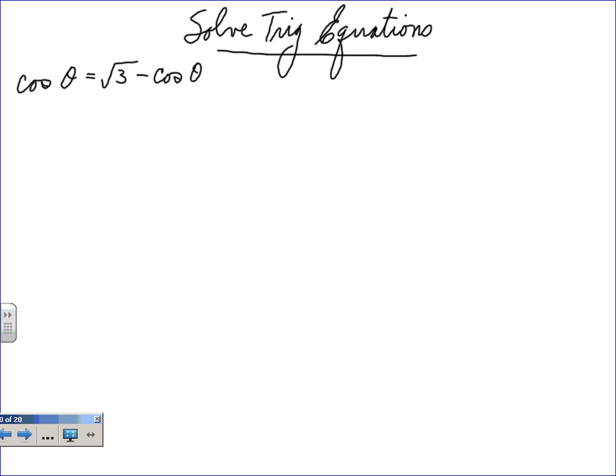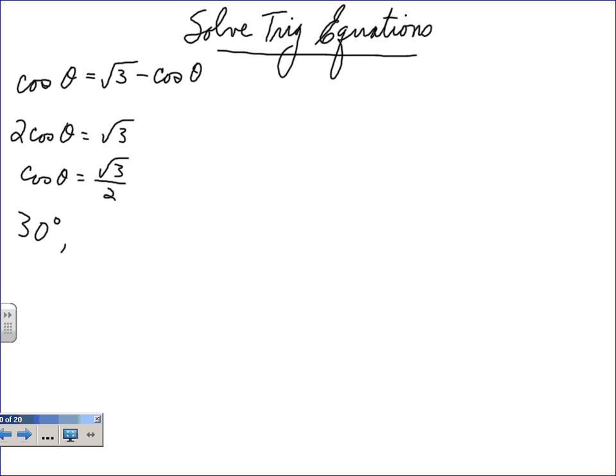I'm going to get 2 cosine theta equals square root of 3. Then what? Divide by 2. Cosine theta equals square root of 3 over 2. Cosine of what angle? 30 degrees. Very good.